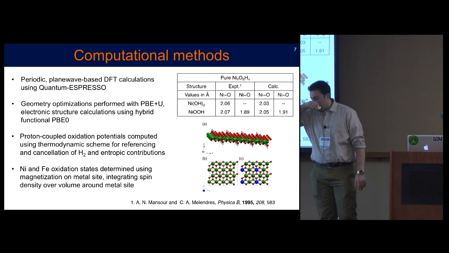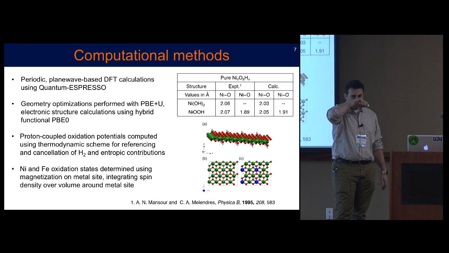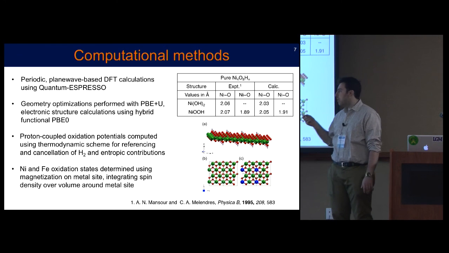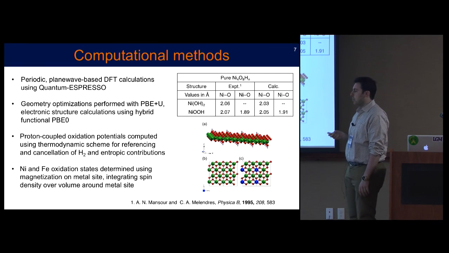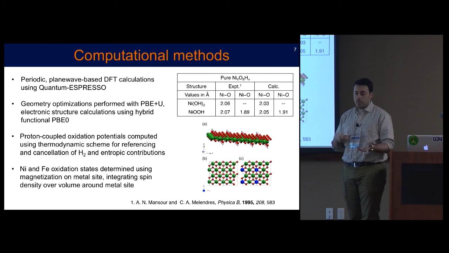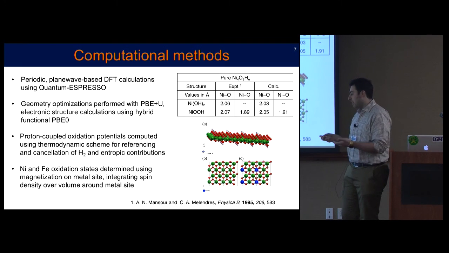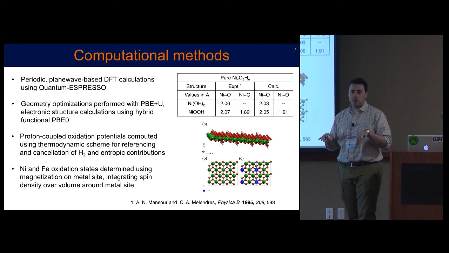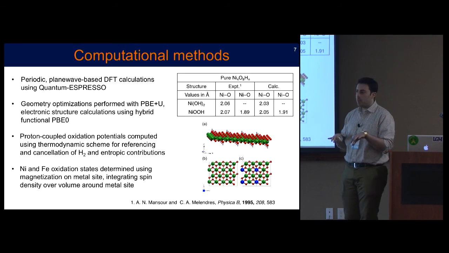However, it turns out that we needed a higher level of DFT treatment, known as a hybrid functional, PBE0 being the one we used, to get the qualitatively correct electronic structure for the material, both the nickel and iron doped materials. Nickel and iron oxides are sort of pathological cases where GGA functionals break down in terms of opening up a band gap.